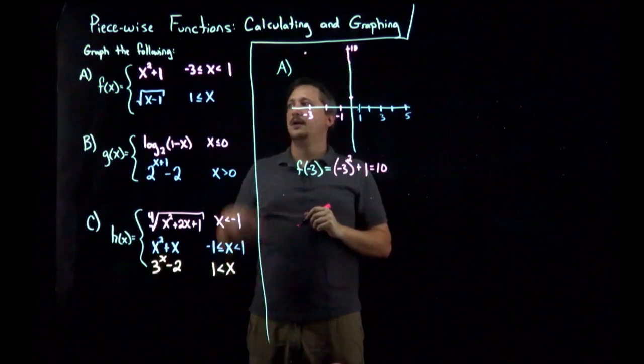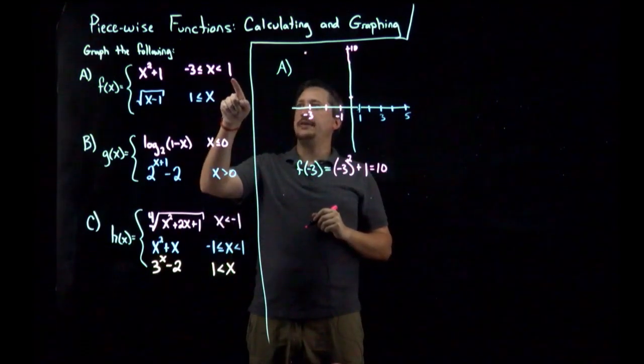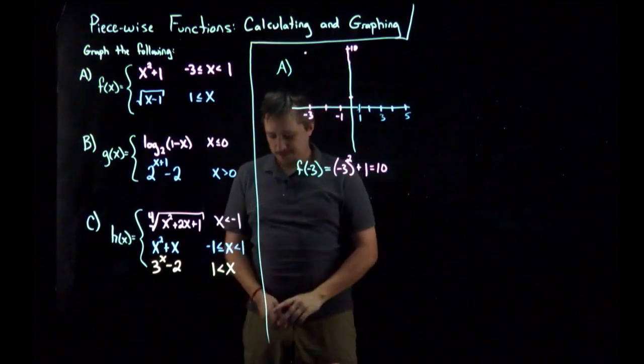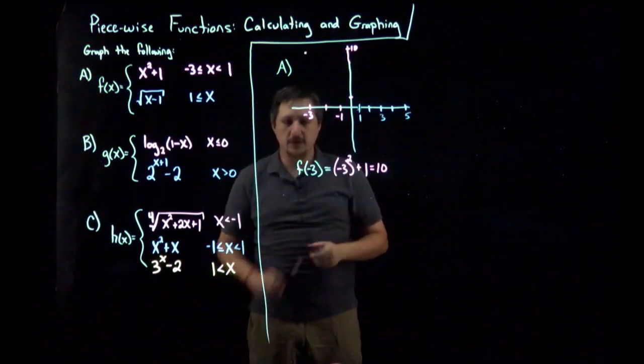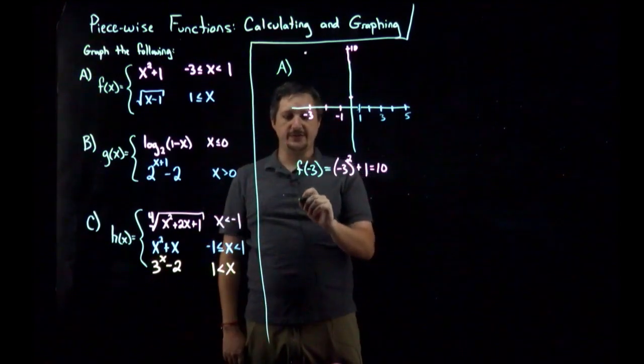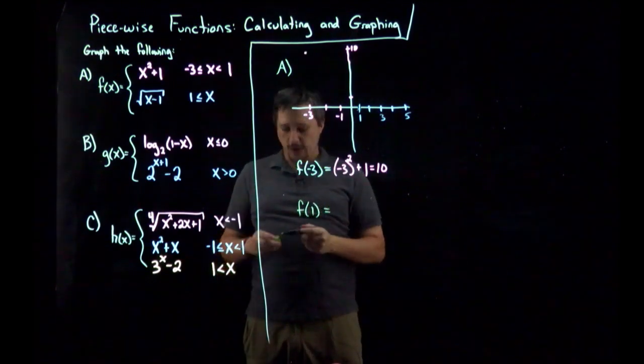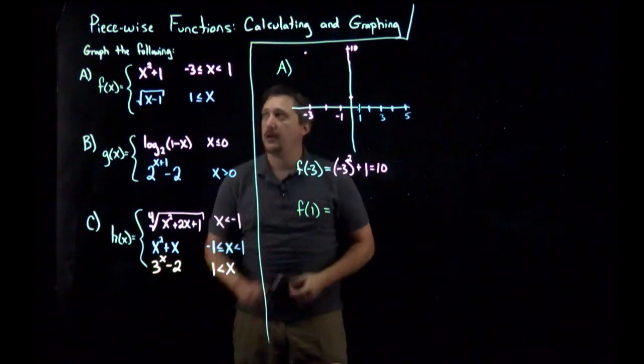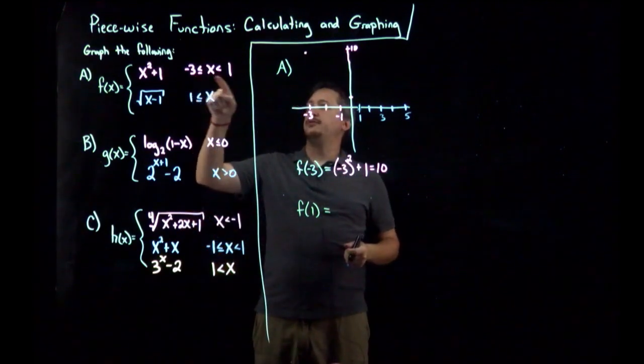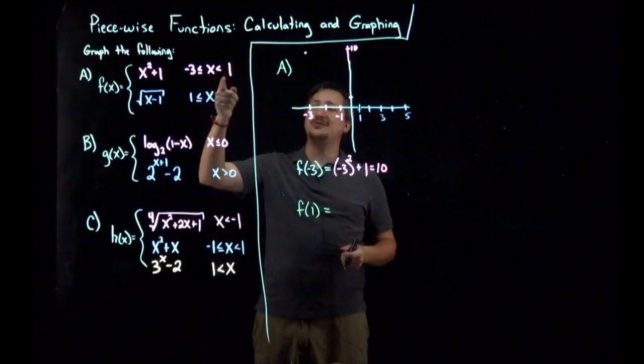Okay? Likewise, I'm going to check the endpoint. Now, I'm going to be careful when I write this. So I'm going to say, okay, what is f of 1? Well, f of 1, I would say, okay, is 1 between -3 and 1? Well, I'm not including 1, so it's not that.